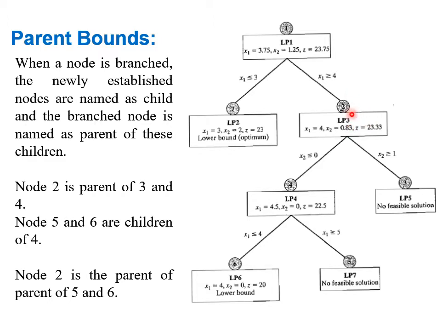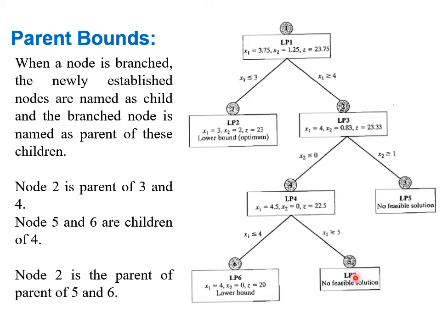So node 2 and node 7 are the children of node 1, and node 1 is the parent of these two. Similarly, node 2 is the parent of node 3 and 4. And from another perspective, node 5 and 6 are children of node 4. So node 2 is the parent of node 4, and node 4 is the parent of node 5 and 6.